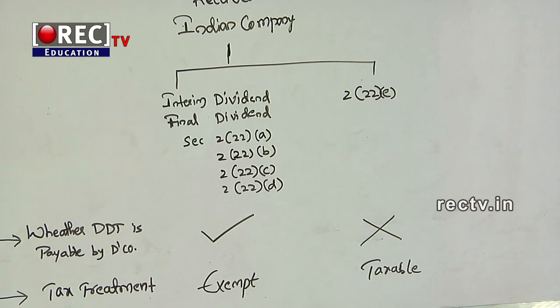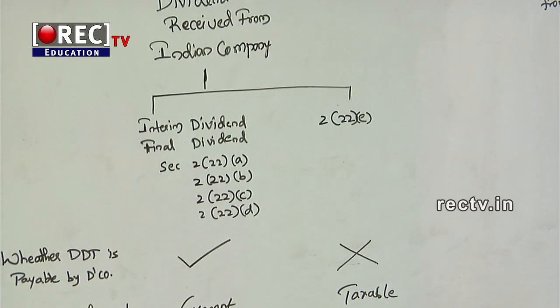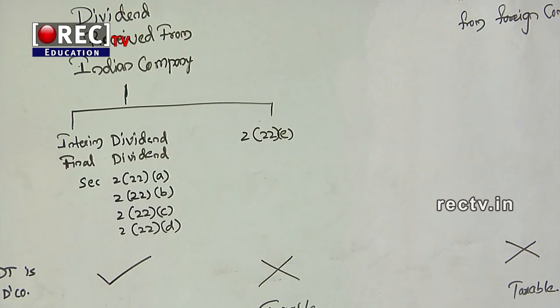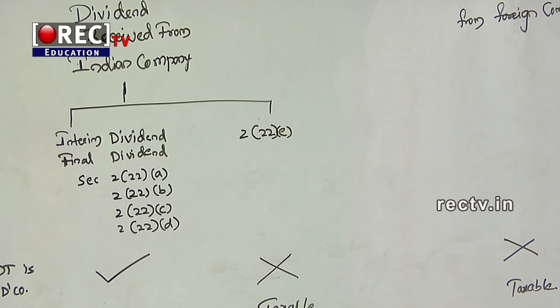The second part, section 2 subsection 22 clause E, is dividend where DDT is not payable, so it is taxable in the hands of the shareholder. And last, dividend received from a foreign company is also not paid as DDT and is taxable under the head income from other sources for shareholders.